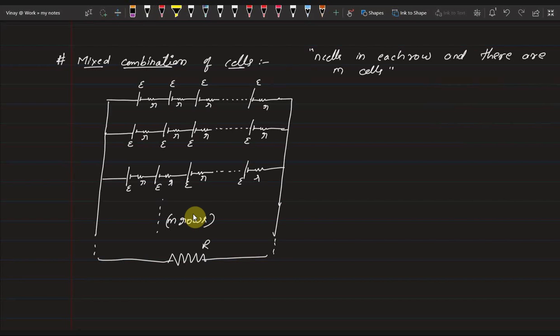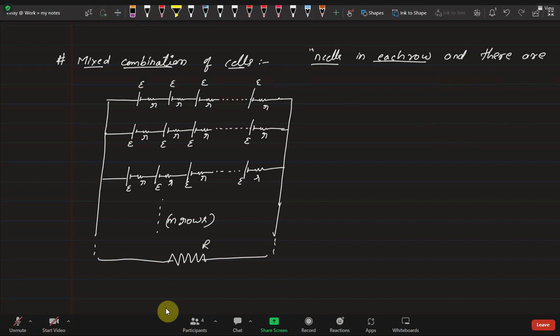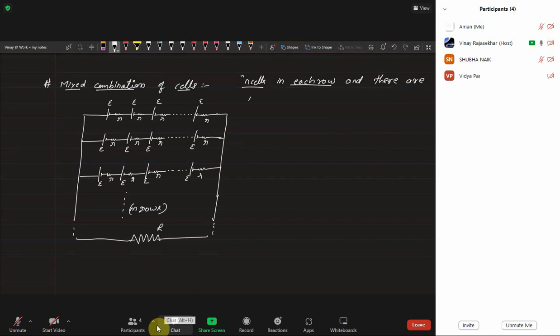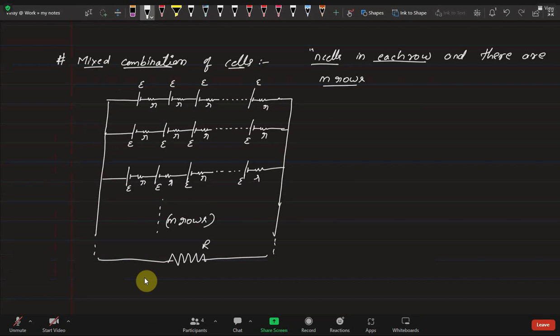How many cells are there in each row? N cells are there. And there are m rows. Then what is the total current in the circuit and what is the EMF in the circuit?